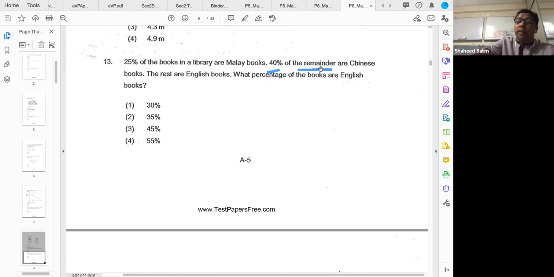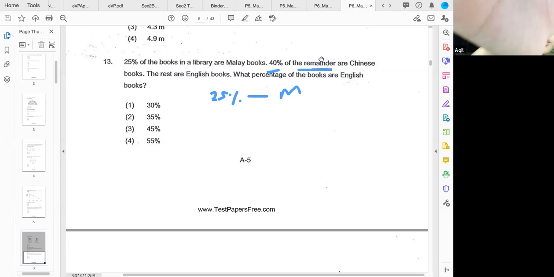Be careful. If it's not the remainder, your answer is correct. So come on, 25% Malay books. Chinese books how? 40%.